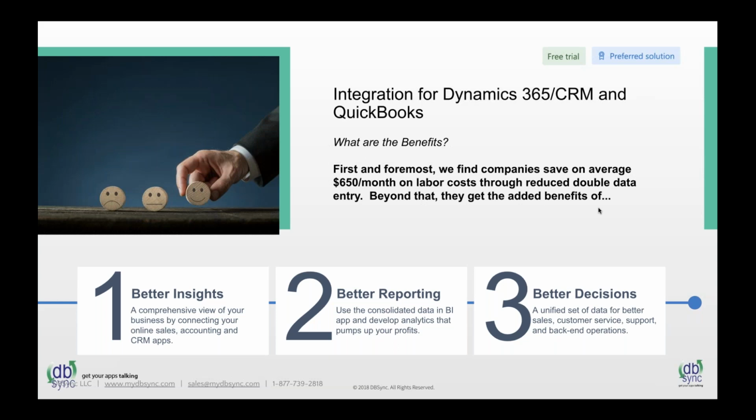So it has a lot of benefits from that standpoint. The other bit is better reporting. Why do you want all this accounting data in your CRM? Well, you can leverage all the reporting capabilities of your CRM and also make better forecasting reports, thus making better decisions overall from an organization point of view.